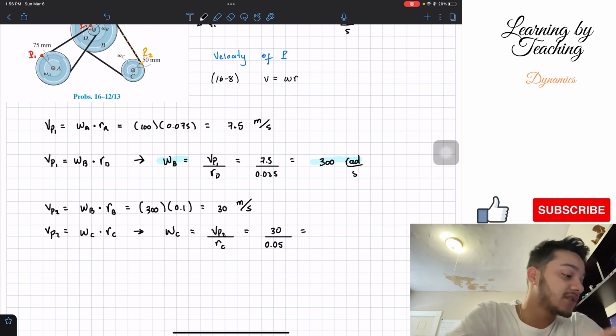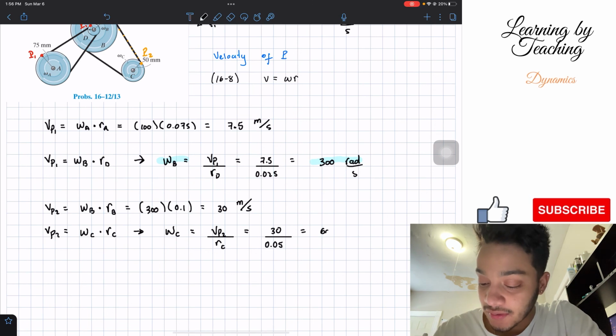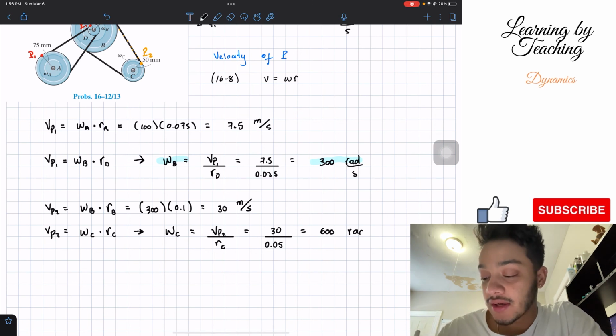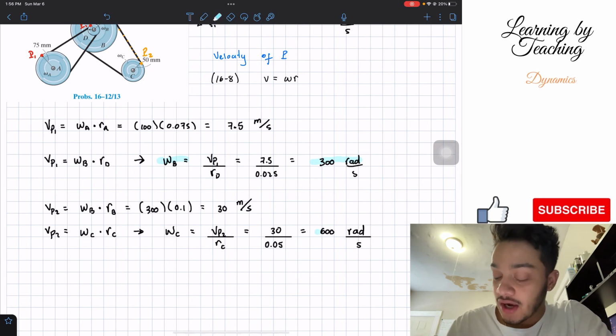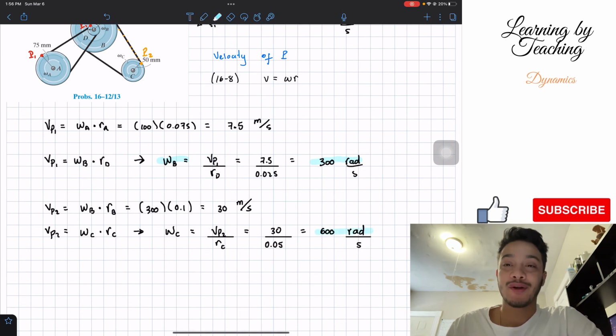When we plug this into our calculator, we get a total of 600 radians per second. This should be our second and last answer for this problem.